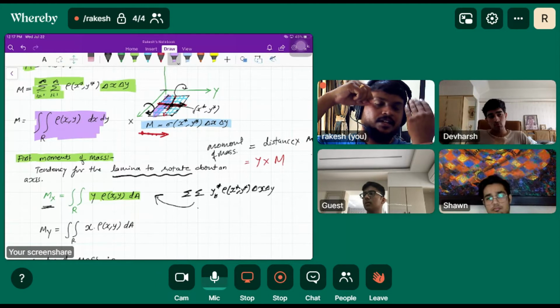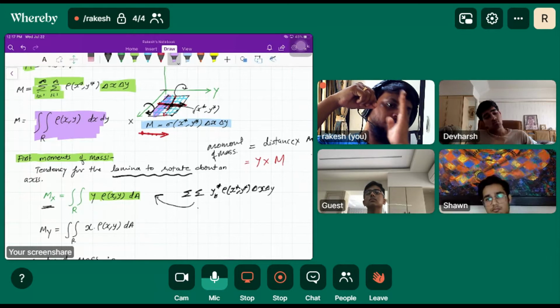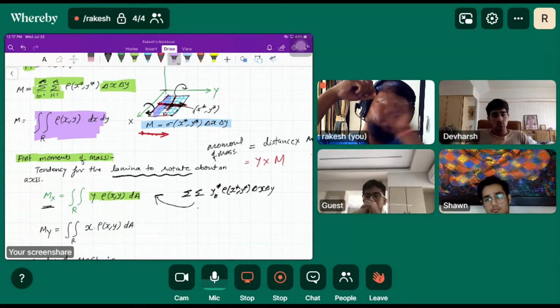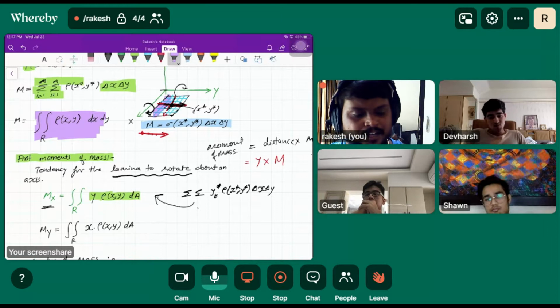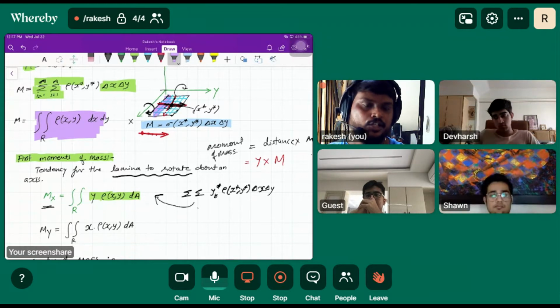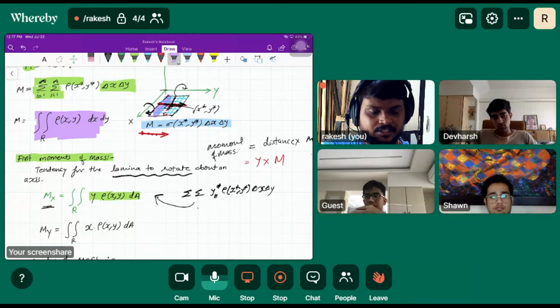Let's say we have divided the complete rectangle into n rectangles. So y1 into mass, y2 into mass, y3 into mass, y4 into mass. This will give you the overall moment of mass about the x-axis, right? So y into mass, if you apply the summation sign over it, you will get it in double integral form, and that is here.